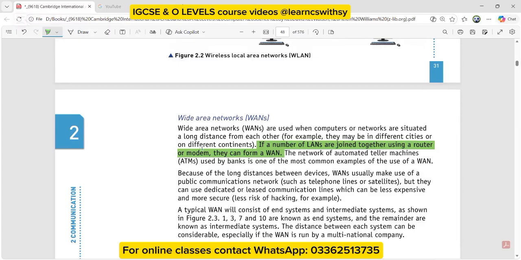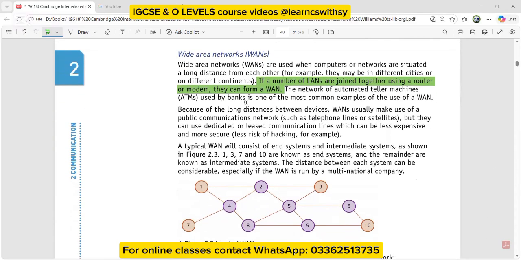Because of the long distances between devices, WANs usually make use of a public communication network such as telephone lines or satellites. We are going to talk about this later in the chapter. But they can also use dedicated or leased communication lines, which can be less expensive and more secure because of not having the problem of being hacked.